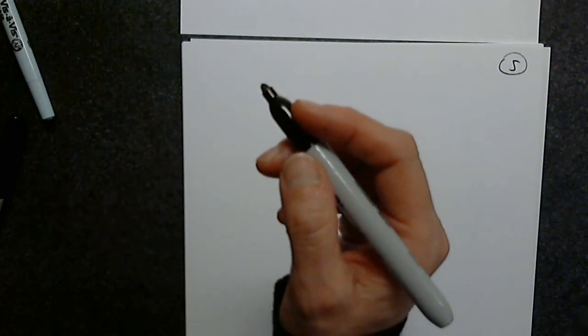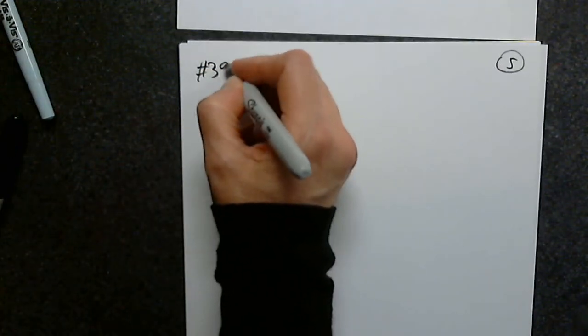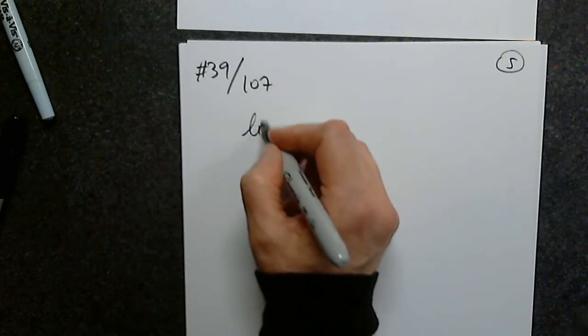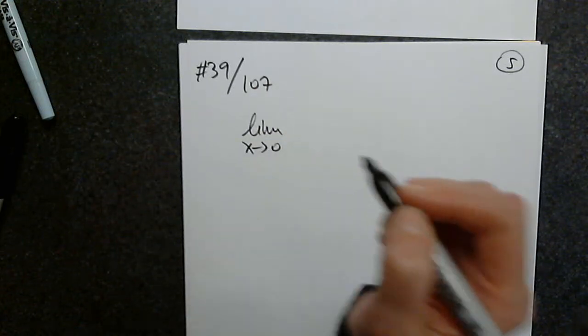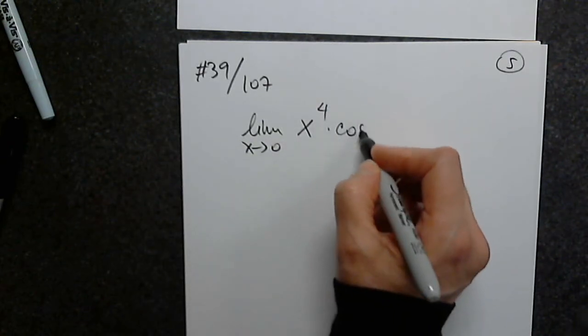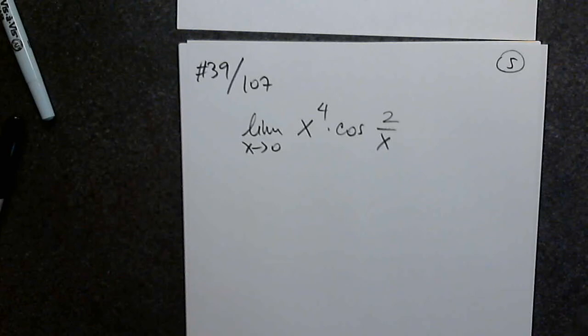Okay, let's look at 39. Same page. Limit as x approaches 0 from either side of x to the fourth times cosine 2 over x.